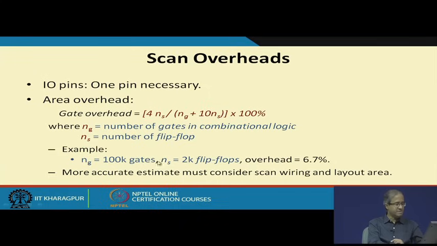As a realistic figure, if your number of gates is about a lakh, 100k, and the number of flip flops is about 2k, then your overhead will come to about 6.7%. But of course, we have ignored the overheads due to interconnections and other things that will also need to be incorporated here.